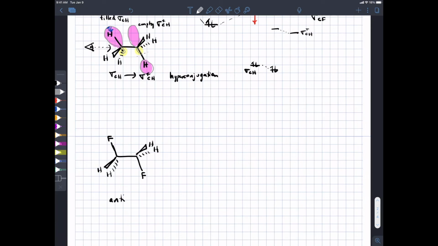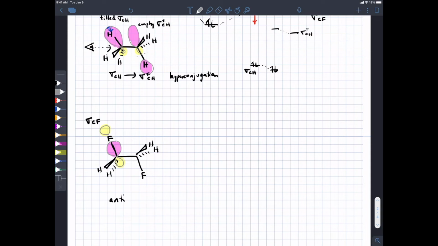Let's draw the carbon-fluorine sigma bonding orbital. And we'll do this with sort of a large lobe here, smaller lobes on the outside, and have this be pink. Nodes at the nuclei, wave function change in sign. Colors simply represent opposite wave function signs.